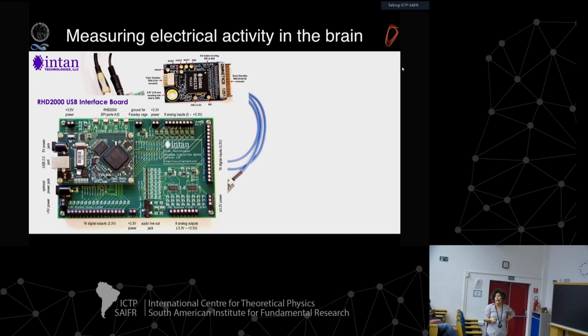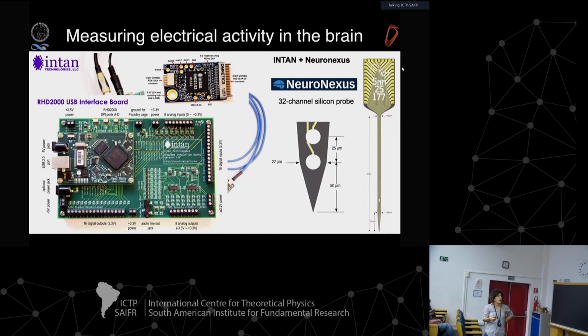Or if you know electronics, you can buy the chips and all the other stuff and build it yourself, okay? So this is like $6,000, pretty cool, and you can record up to 1,000 channels, okay?